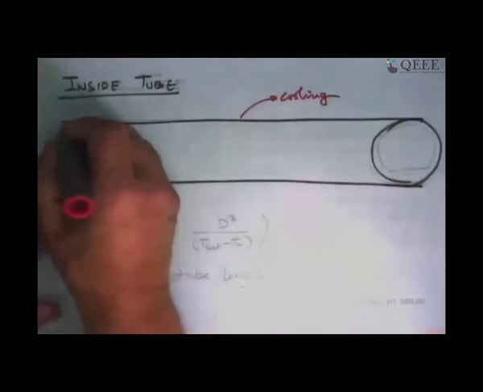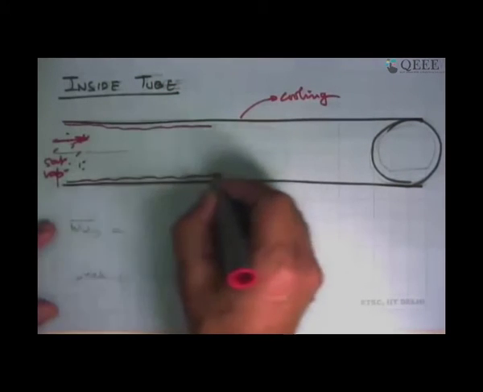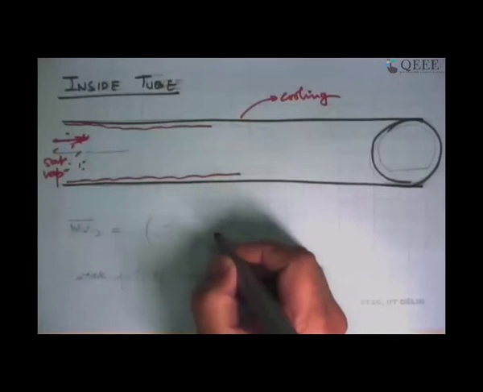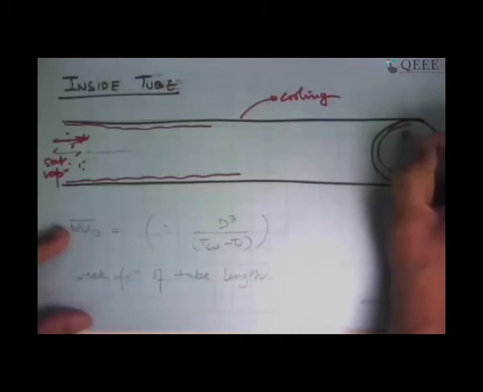The important thing that happens here is that as it goes on, a film will start forming on the surface, but because of gravity, this film will not be stable, uniform. It will be thinner at the top, and you have liquid which will accumulate at the bottom.